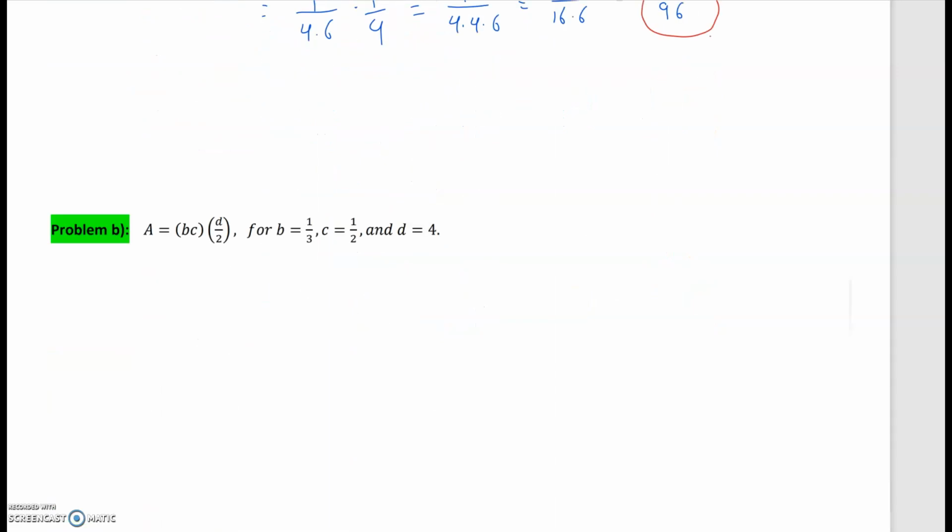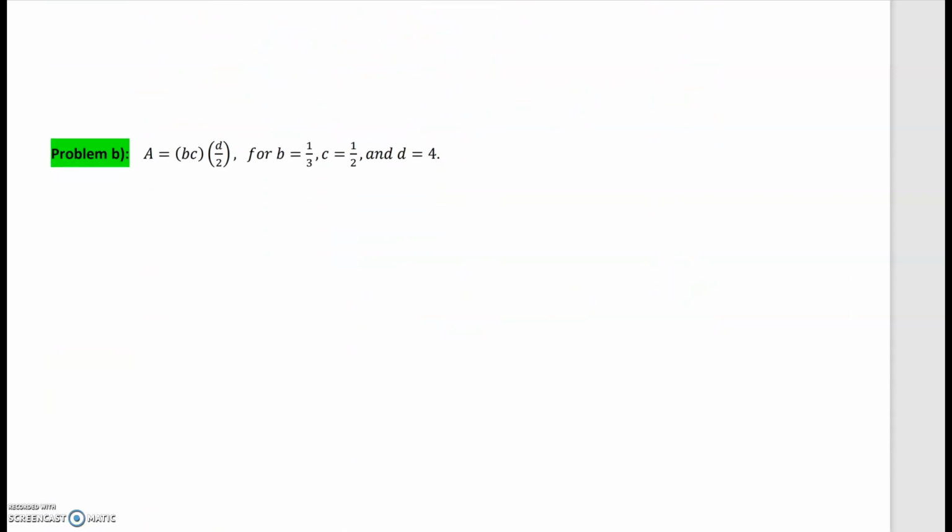Let's take a look at problem B. And problem B happens to be an equation. So let me just rewrite it. In this situation, A is equal to BC times D/2. I just removed those parentheses. I am going to put them again, but for each of the variables B, C, and then technically D divided by 2.